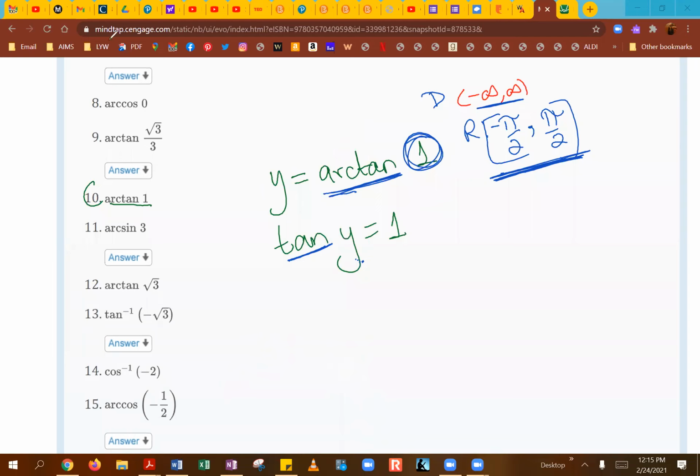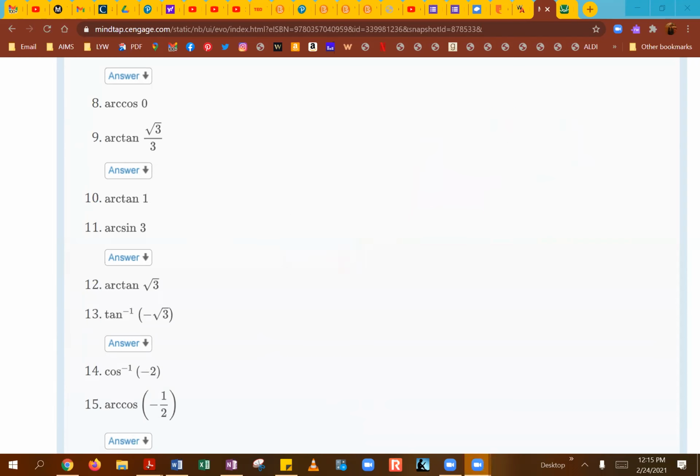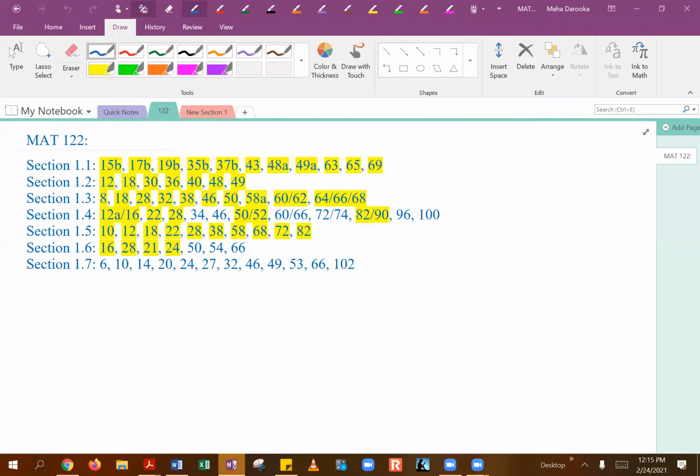This y value is going to be pi over 4, and that's coming from that restriction on our range for the arc tangent function.